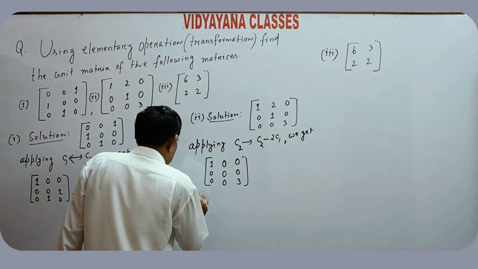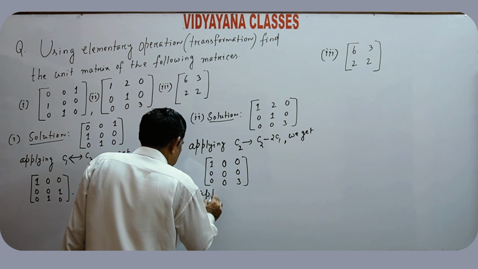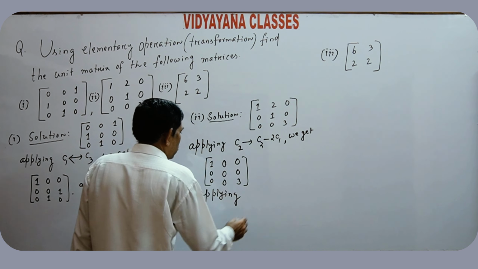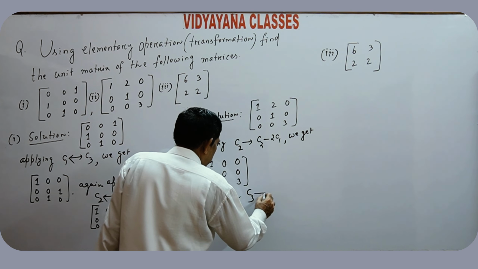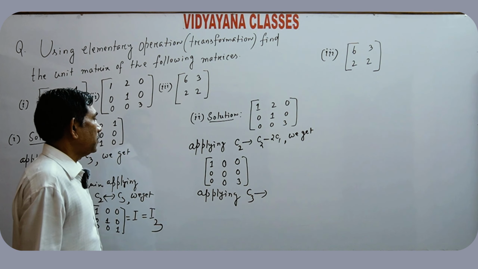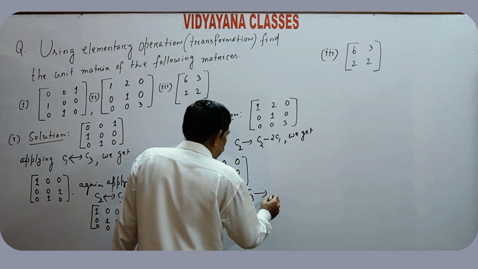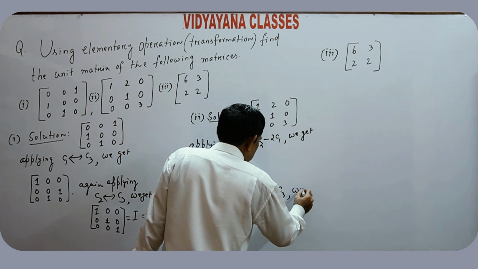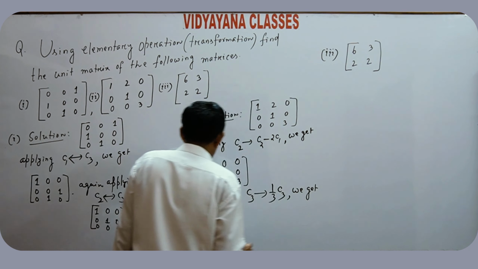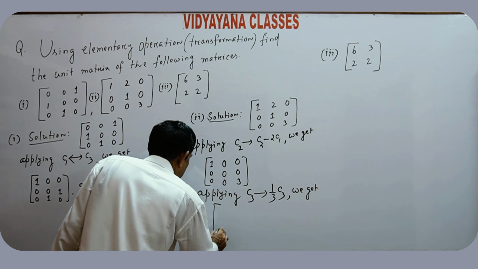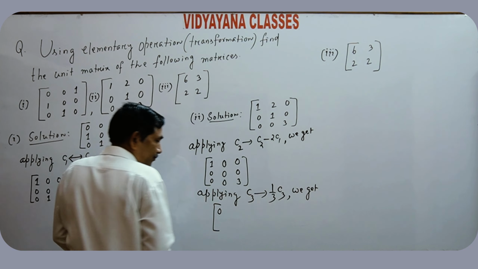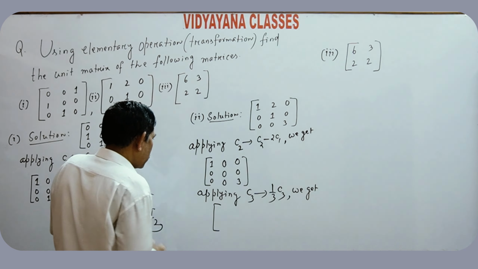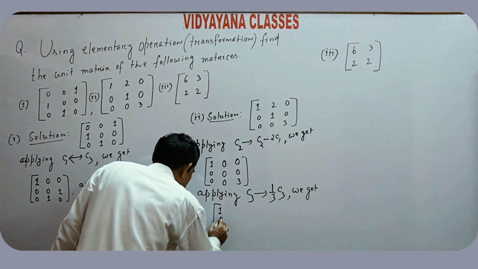Again, applying C3 is replaced by 1 by 3 C3. We get the matrix having elements 1 0 0.